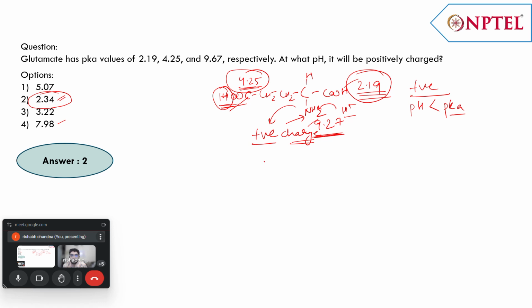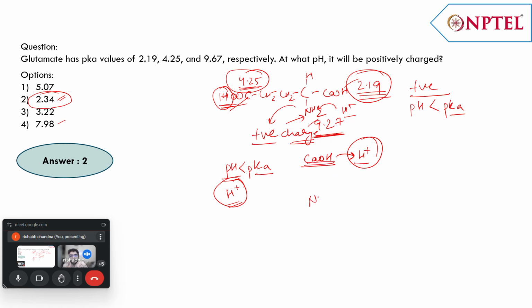Sir, would you please explain again? Okay, so when the pH is less than the pK value of COOH, for example, in that case it will not lose its H plus ion because it already had a lot of H plus ions in the background, so it doesn't need to lose its H plus ion.